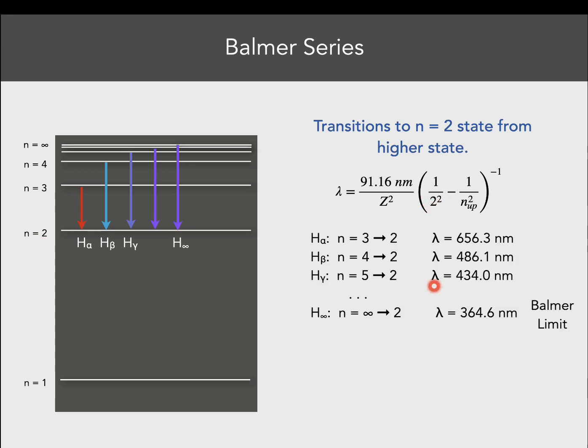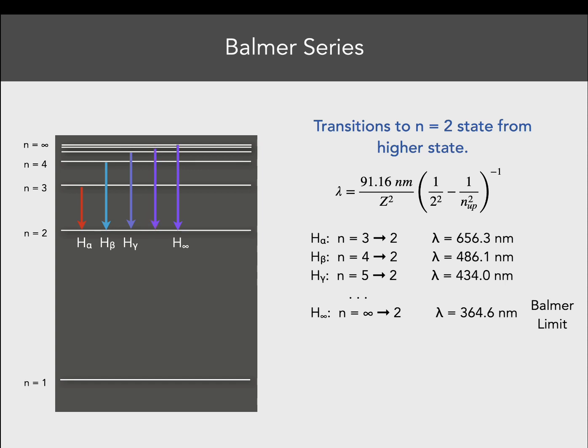If we look at the wavelengths of the first three transitions, we get one that's in the red, 486 is kind of turquoise, 434 is kind of in the violet or the blue area. If you go beyond that, the next one, H delta, actually falls in the ultraviolet part of the spectrum.